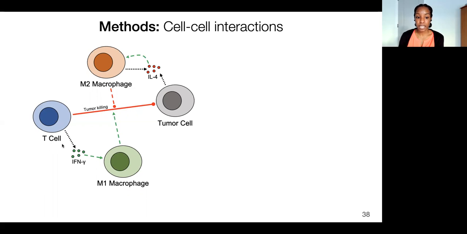And T cells can secrete a cytokine called interferon gamma, which promotes the differentiation of naive macrophages into M1. And tumor cells secrete IL-4, also M2 macrophages secrete IL-4, and that promotes the further promoting of naive macrophages into this M2 state. So M1 is anti-tumor, M2 is pro-tumor, and then the cells interact in these different ways.